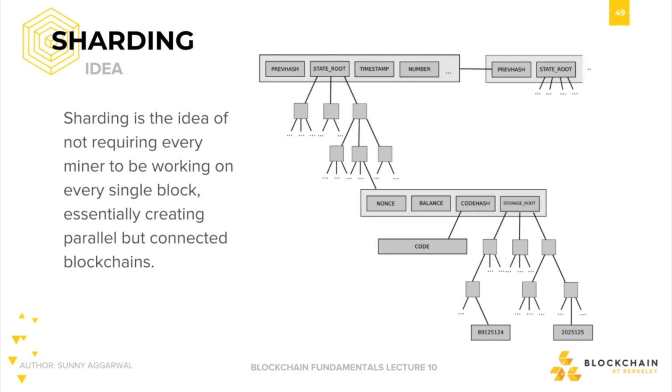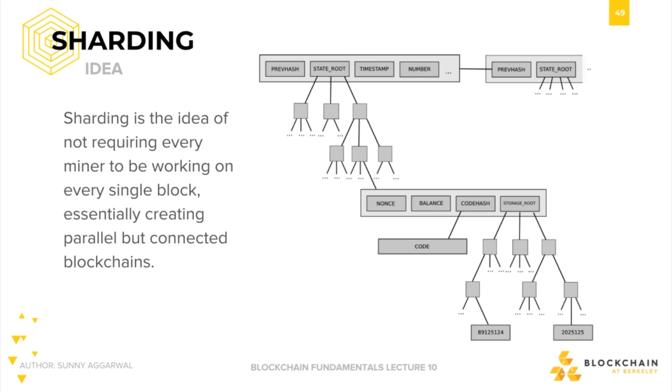So maybe you could have a setup where some miners work on some addresses or transaction addresses. For example, you could say all the miners in America work on addresses of transactions 0 to 100. All miners in China work on transactions with addresses 100 to 200 and so on.